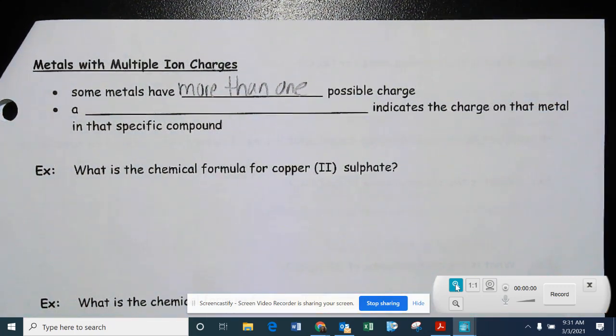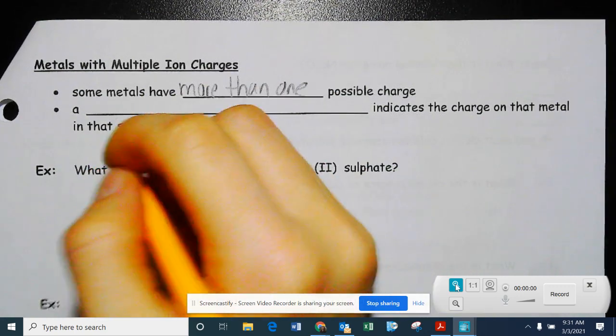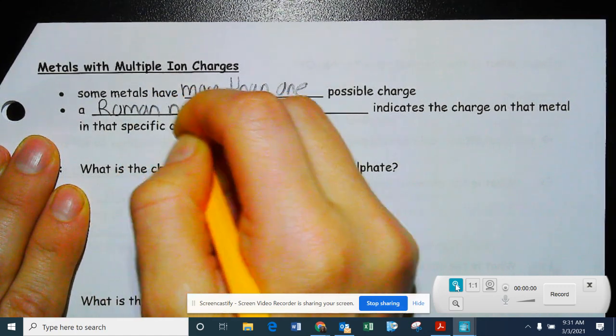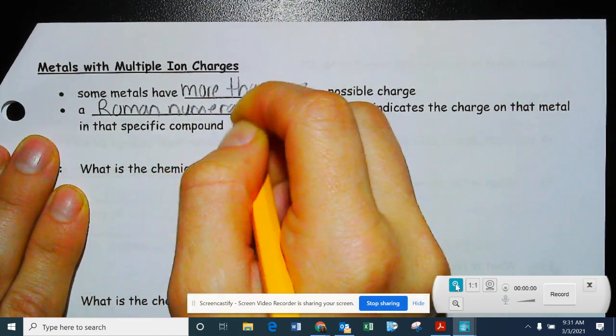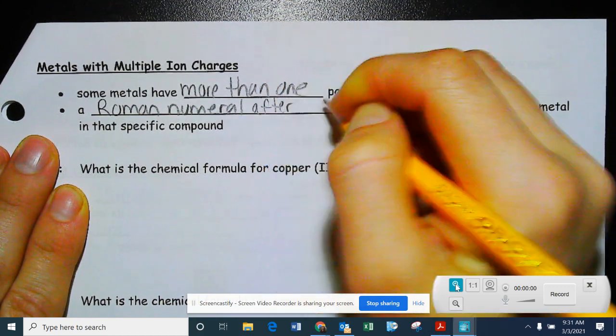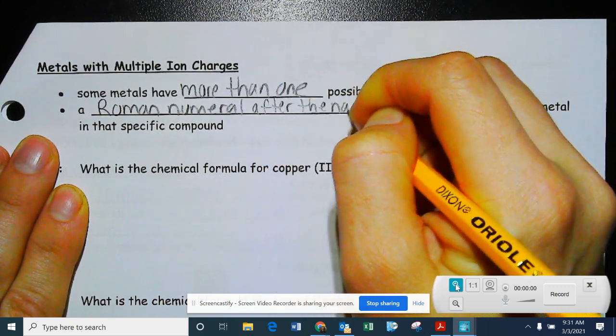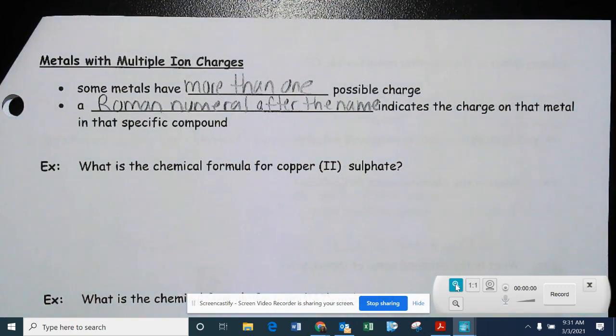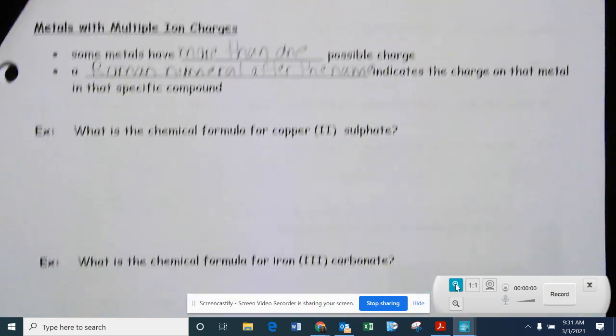So what we actually do in order to indicate which version of a cation we have is we use a Roman numeral after its name. And that indicates the charge on the metal in that specific compound.